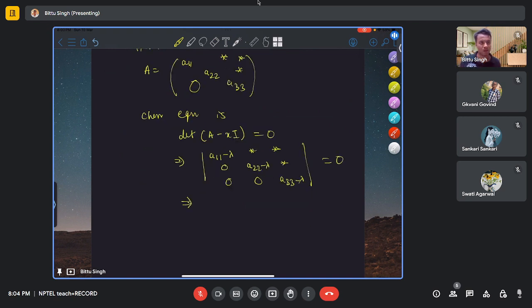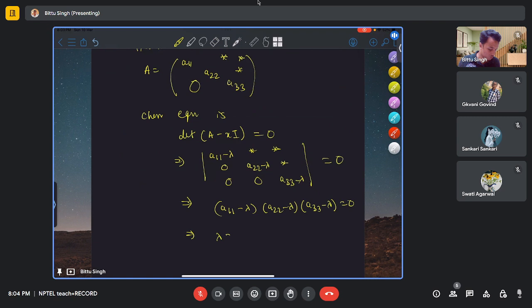Now we know the determinant of an upper triangular matrix is actually the product of the diagonal. Because we expand with respect to the first column, in this way we get the determinant as A11 minus lambda, A22 minus lambda, A33 minus lambda, and this is 0.